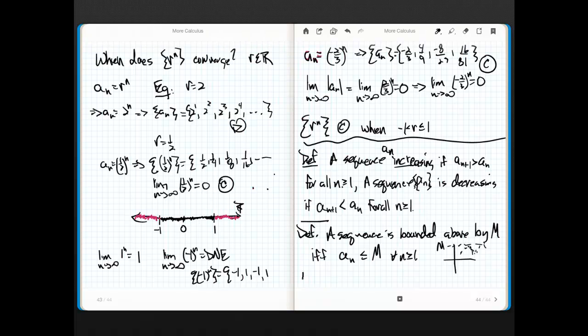A sequence is bounded below by, let's use little m, if and only if a sub n is greater than or equal to little m for every n greater than or equal to 1.